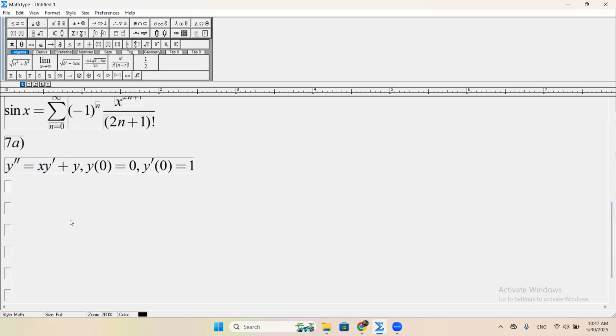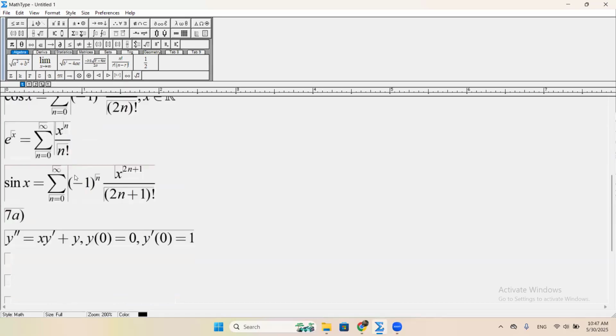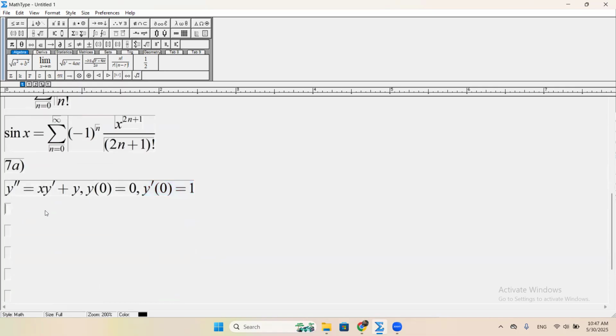So we will solve this Cauchy problem approximately. So how to do it? We will use this Maclaurin series, and we need to find the first three terms. We already have one non-zero term for y prime, and now we have to calculate the next derivatives at point 0.